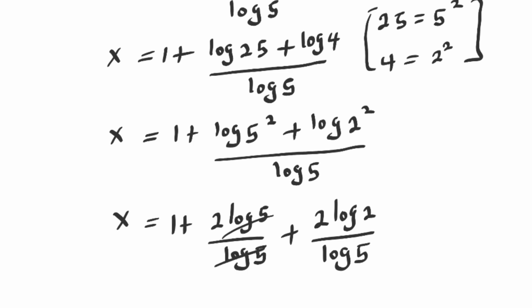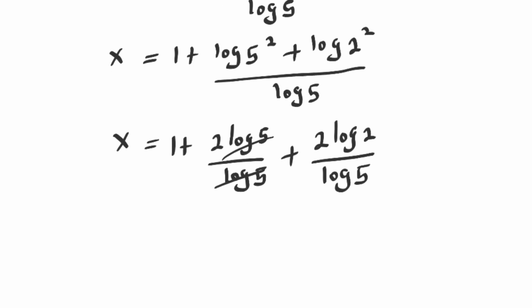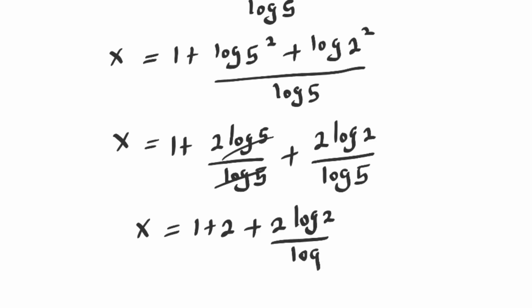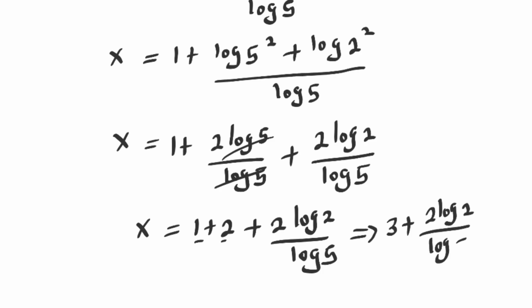This log 5 cancels this log 5. x is equal to 1 plus 2 plus 2 log 2 over log 5, which is 3 plus 2 log 2 over log 5.